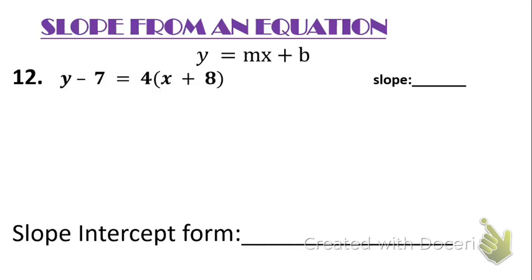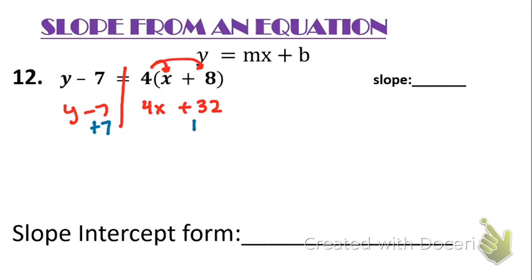All right, last question. Slope-intercept from an equation. This one's a little bit different. If you notice, we'll go ahead and distribute. So we get 4x plus 32. And we bring down the left side. Now, the y is not isolated, so I need to get rid of the 7.